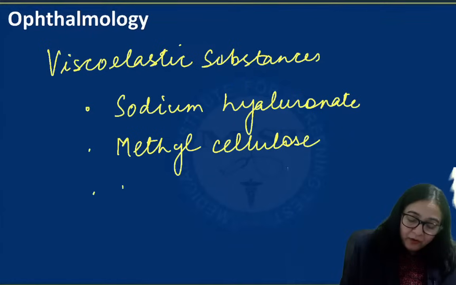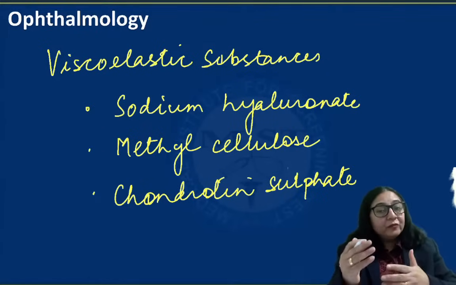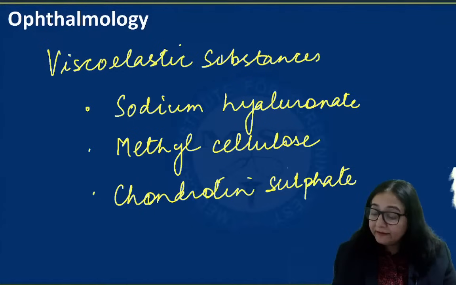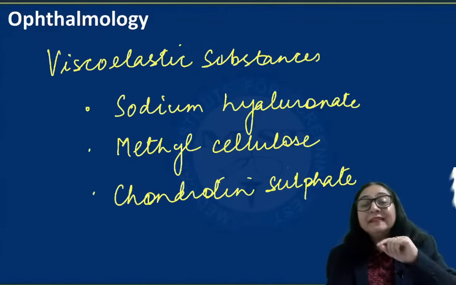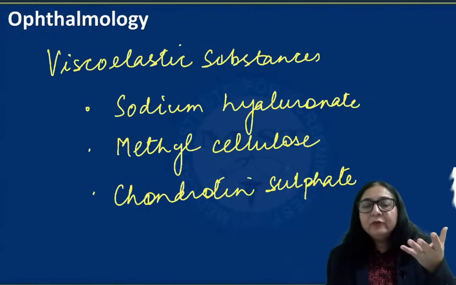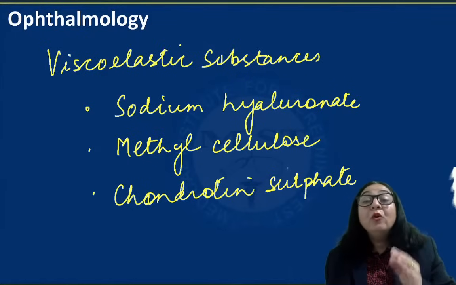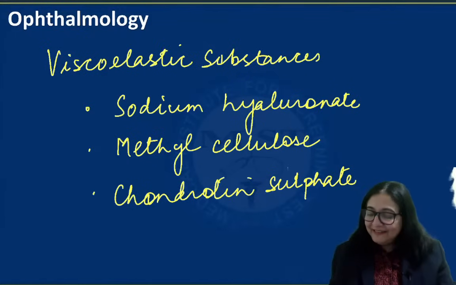And then chondroitin sulfate is another type of viscoelastic which is used. Sometimes the combination of sodium hyaluronate and chondroitin sulfate is used. Trypan blue is another thing which is used during cataract surgery. Trypan blue is used to stain the anterior capsule.